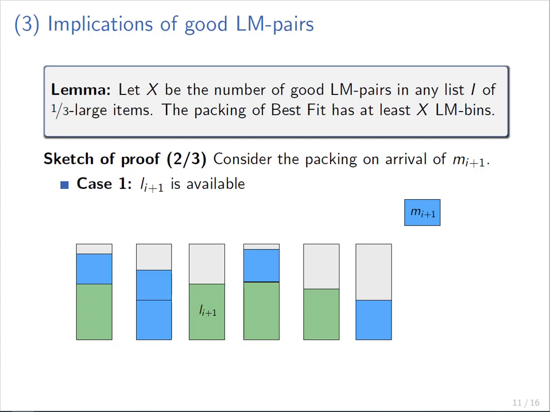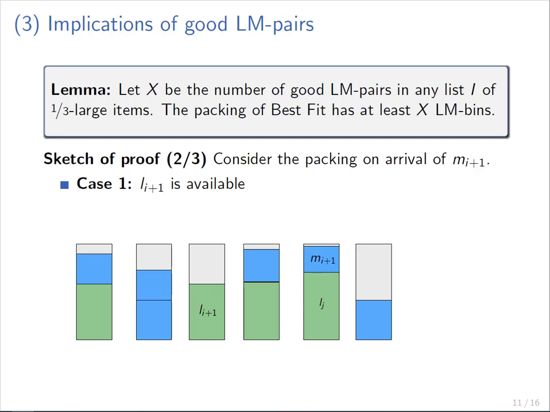If this is the case, the online item Mi+1 either gets packed into the same bin as Li+1, which gives a new LM bin, or it could also happen that there is some other item Lj, which is larger than Li+1, but still Lj and Mi+1 fit together in one bin.